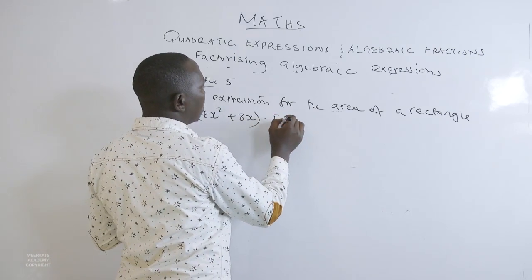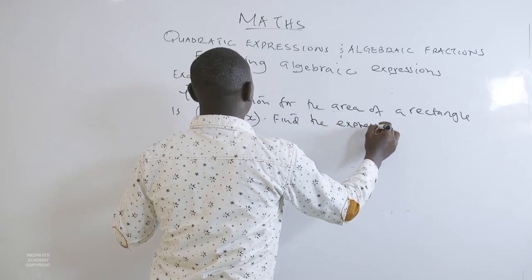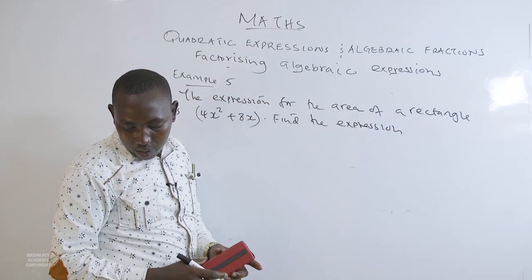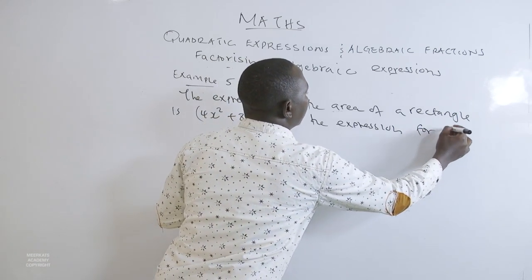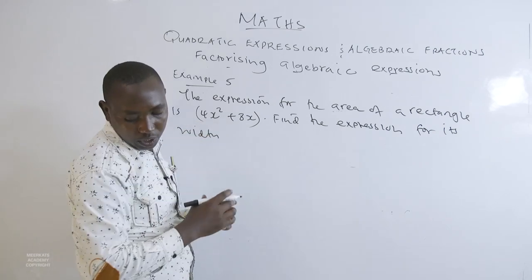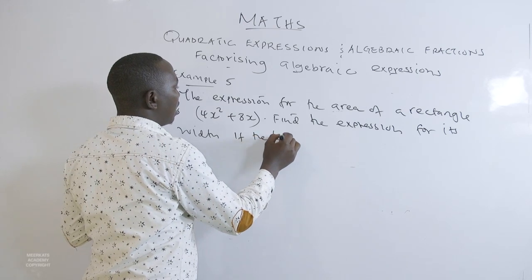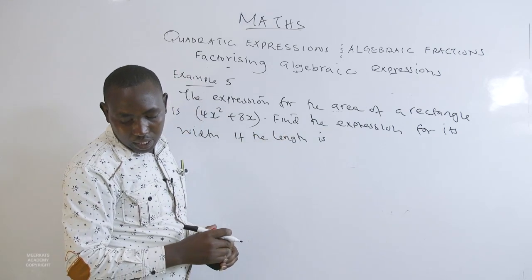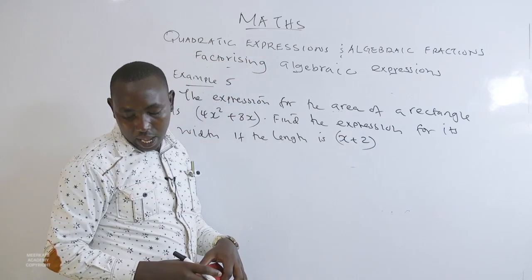Find the expression for its width if the length is x plus 2.